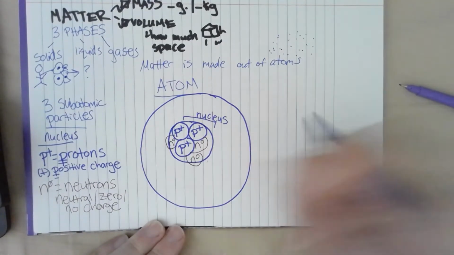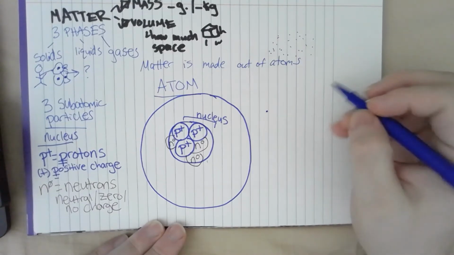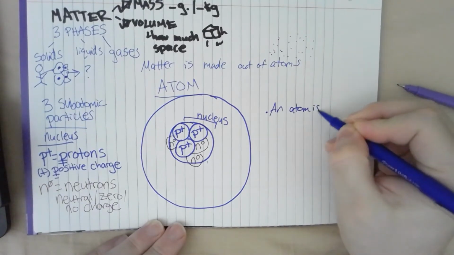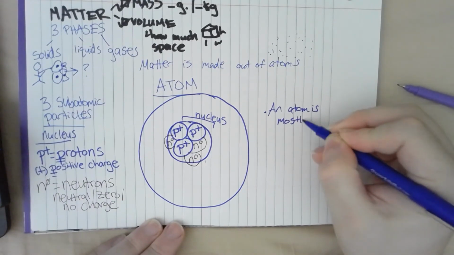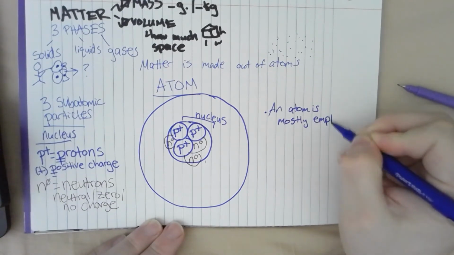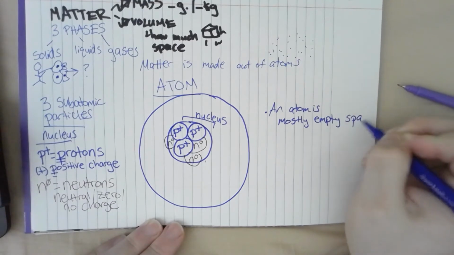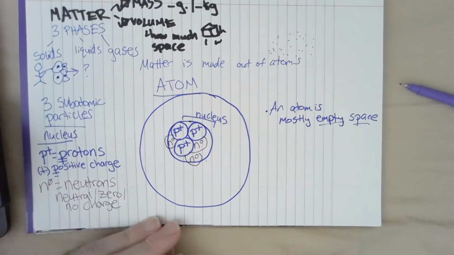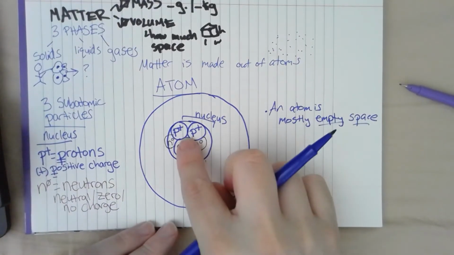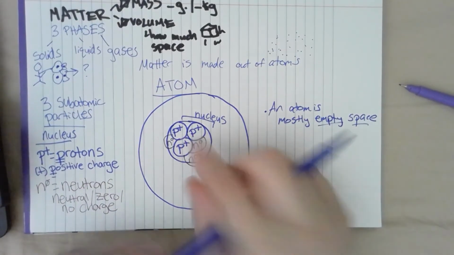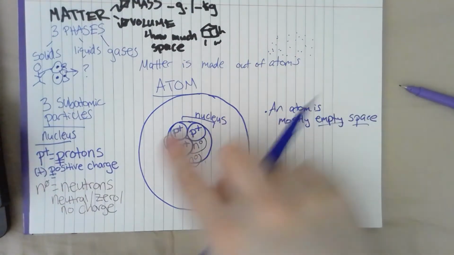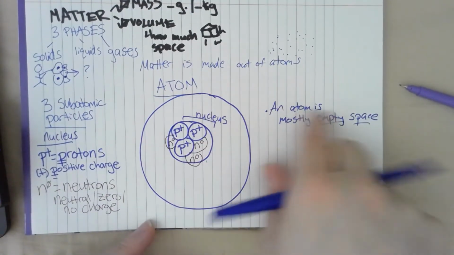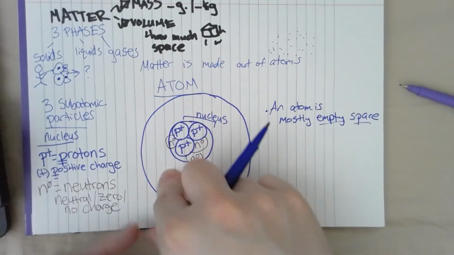One thing you need to know about atoms is an atom is mostly empty space. If you look inside the atom, you see lots of protons and neutrons that are stuck together. But most of the atom, there's nothing there. An atom is mostly empty space.